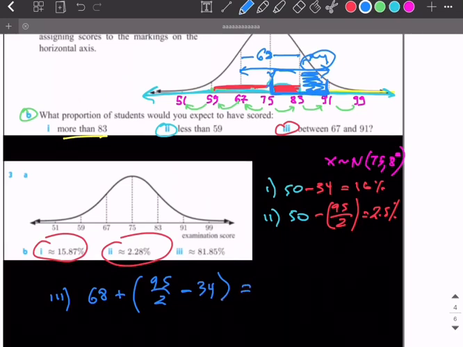So 68 plus 95 halves minus 34, I get 81.5, or that exact number there.